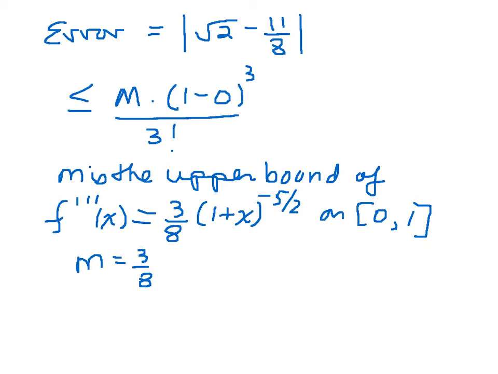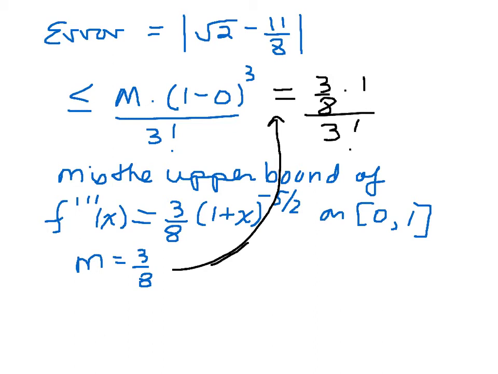If we go back up here, the error is going to equal 3/8 times 1 over 3 factorial, which is equal to 1/16. So therefore, that means that this difference is less than or equal to 1/16.